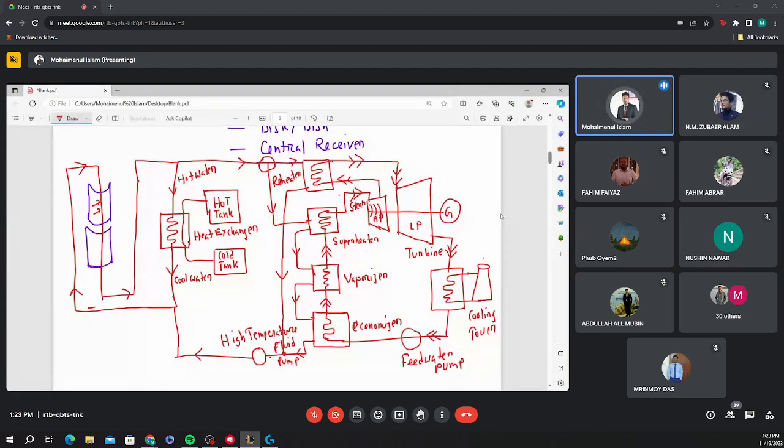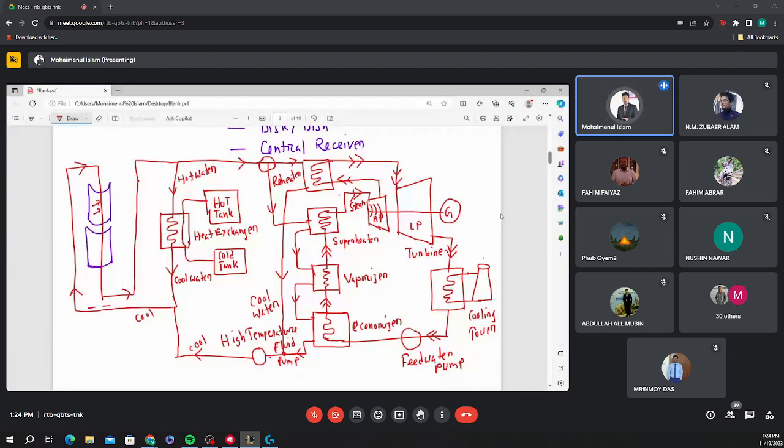So you can collect it again here by this high temperature fluid pump and send it to the main line, so that you can again collect heat from the sun. To understand my point, this point is cool water, I can say. So these are cool water.